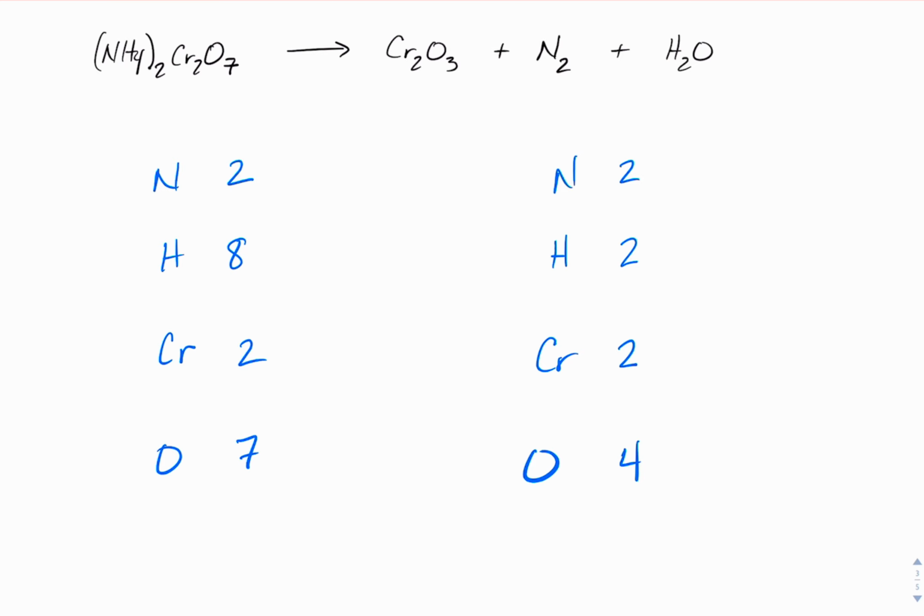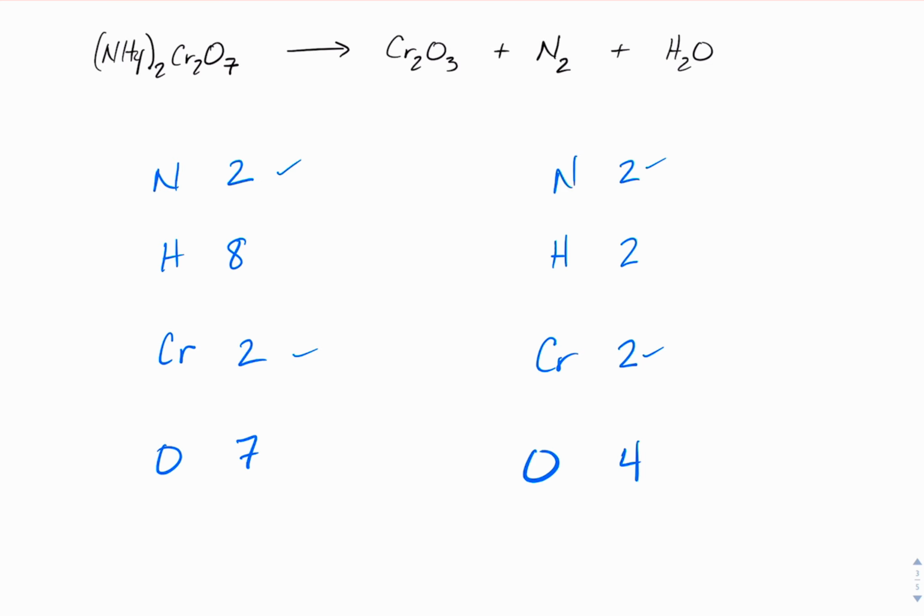So let's just look at the nitrogen and chromium. It turns out these are balanced, so then we just move directly into hydrogens and oxygens. Let's look at hydrogens first, since they happen to be only in one substance on each side. That makes them a little bit easier to balance.